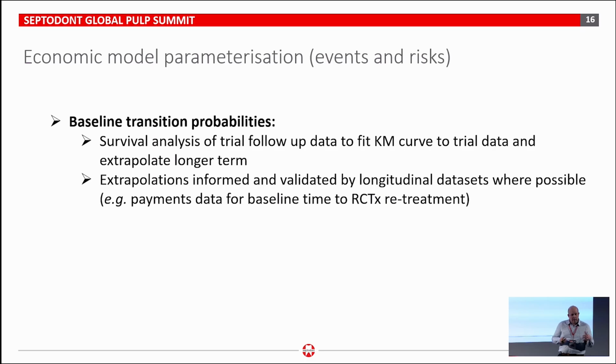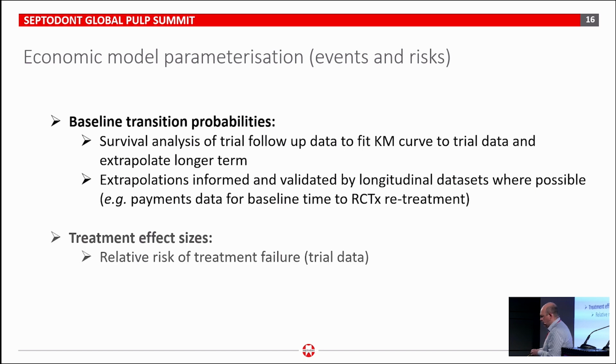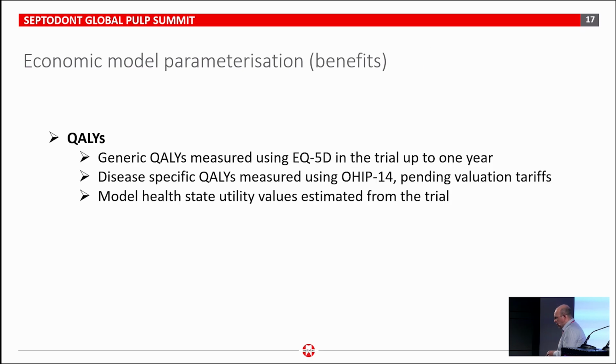We're going to try and understand the pathway of disease as a whole, and we're going to use data from the trial to help us do that, as well as from external registries. The treatment benefit will come from the trial, and that will be modelled forward.